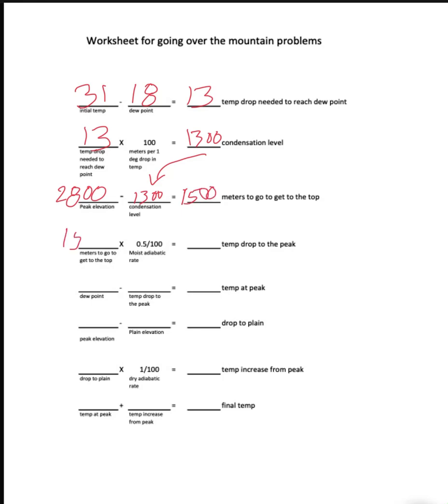So 1500 is going to be, let's see, if it cools at the moist adiabatic rate or wet adiabatic rate of half a degree for every 100, that means that we just take 1500 times 0.5 divided by 100, and it gives us a temperature drop to get to the peak of 7.5 degrees. 1500 times 0.5 divided by 100 is 7.5 degrees.